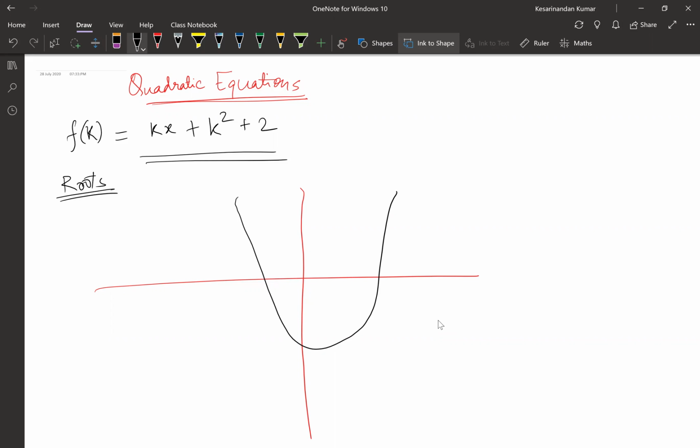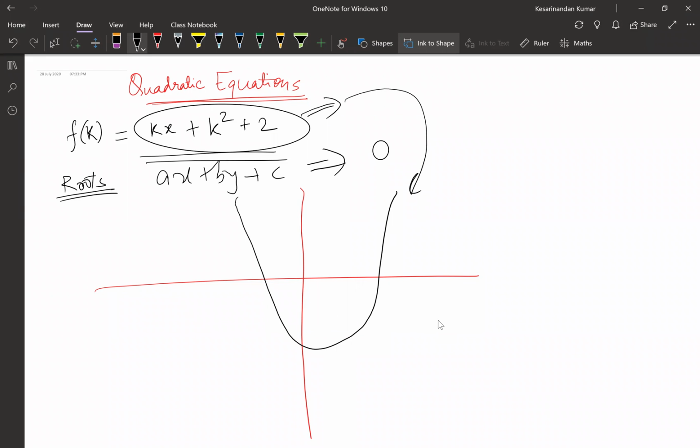Just a heads up, guys, any normal equation, ax plus by plus c, gives you a straight line, while a quadratic equation gives a parabola. So whenever this touches the y-axis, like I said, this is equal to y.